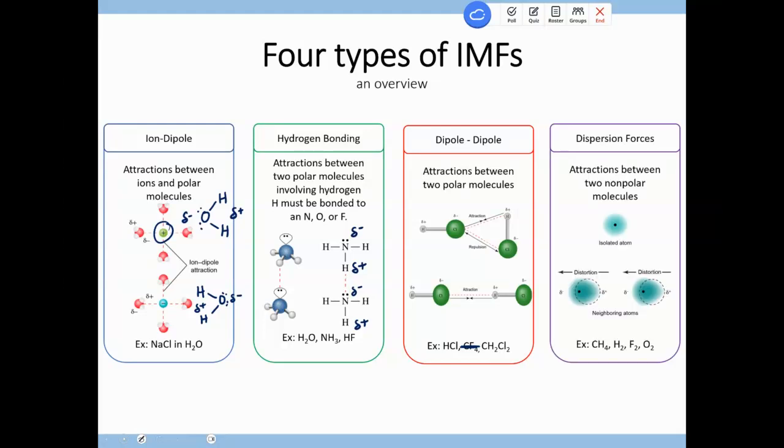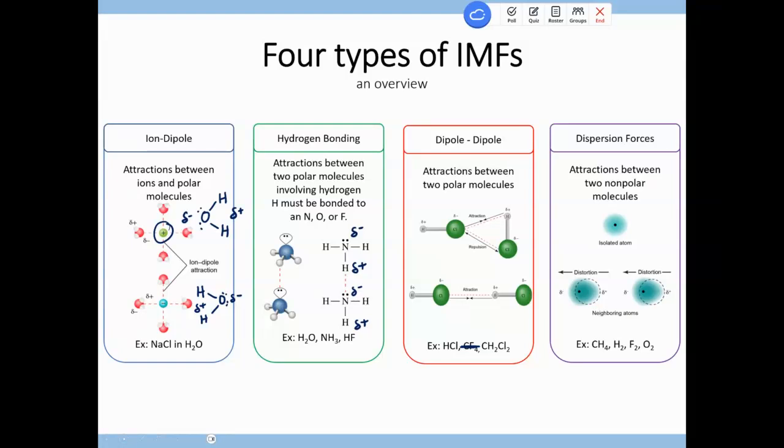Lastly, we've got dispersion forces. These are forces of attraction between nonpolar molecules. We usually don't think of partial positive or negative when we're talking about nonpolar molecules, but the electrons in valence shells can shift around throughout the molecule, and if they shift more to one side, that induces a temporary dipole in the molecule. Here they're showing electrons shifting to the left.